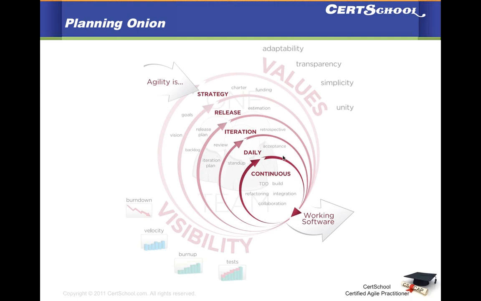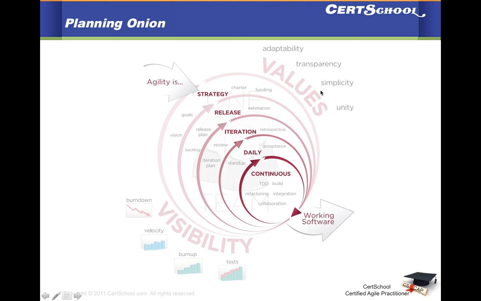So you're doing test driven development, you're doing building, you're doing continuous integration, you're doing collaboration, which is happening very, very frequently, multiple times during the day. Sometimes you may have to do planning for that too. So this is what a planning onion looks like. At the end of it, you get working software, the big arrow that you see at the bottom here.